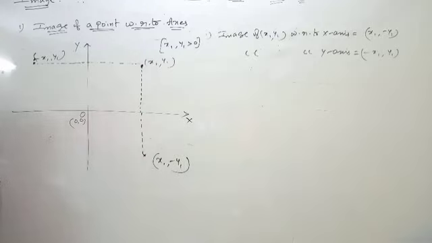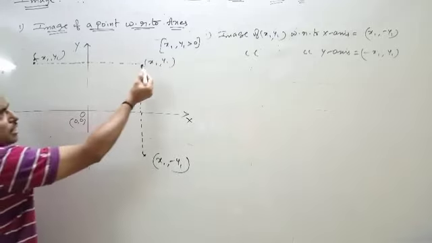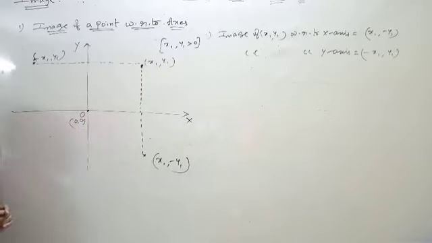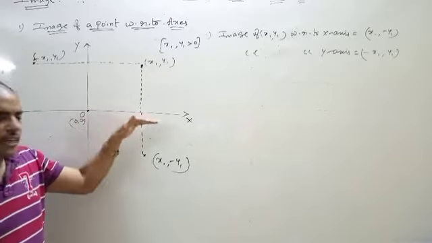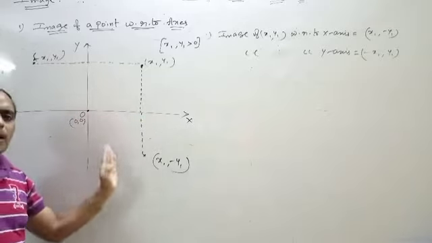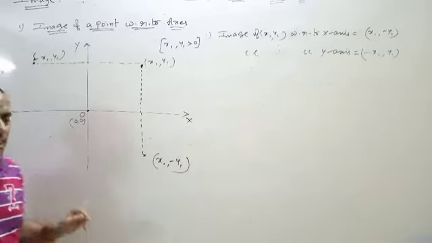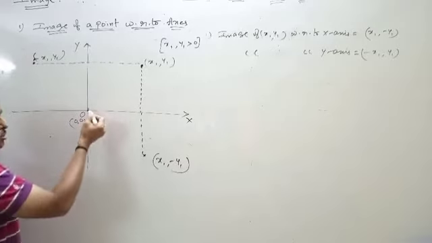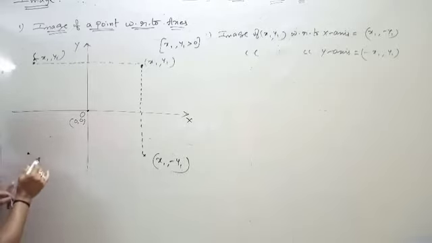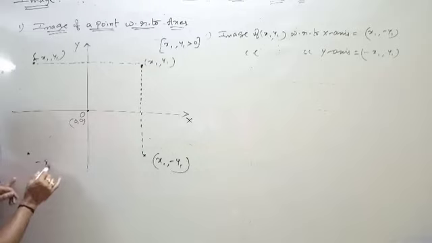Next, the image of the point with respect to the origin. Until now the x axis and y axis acted as mirrors. What about the origin acting as a mirror? Then the image will be like here only. Now this point is in the third quadrant, so we can write it as minus x1 comma minus y1.